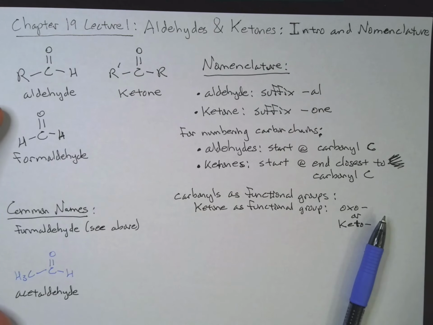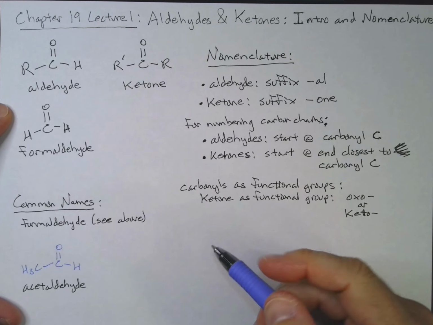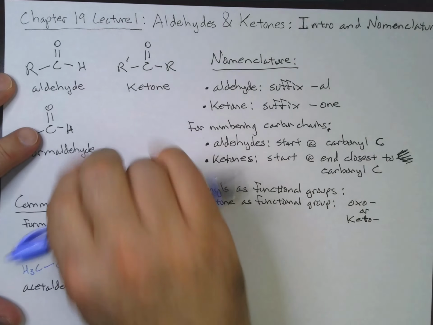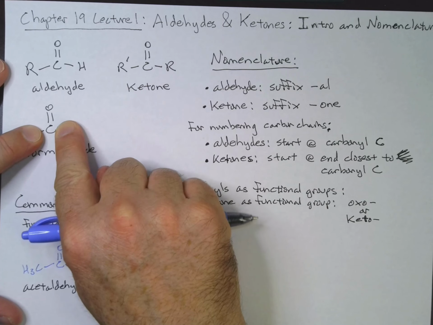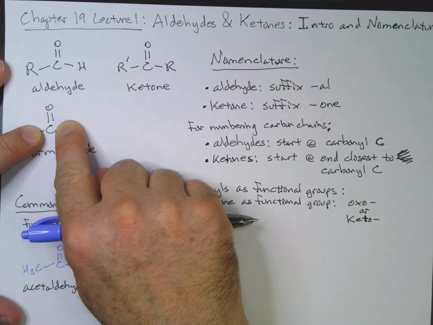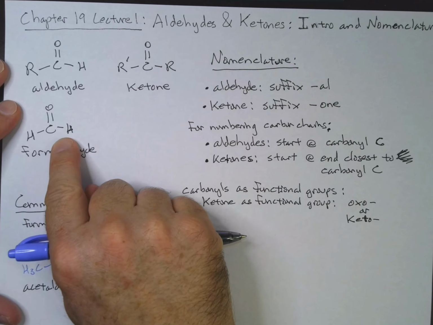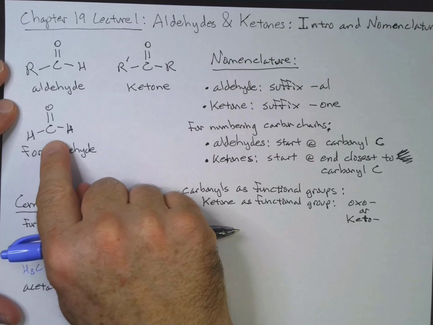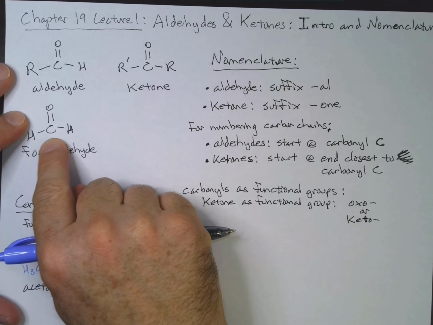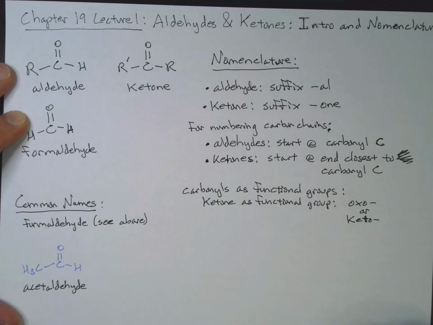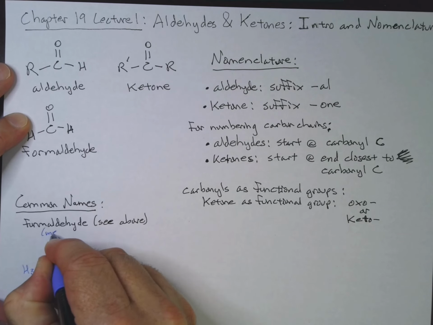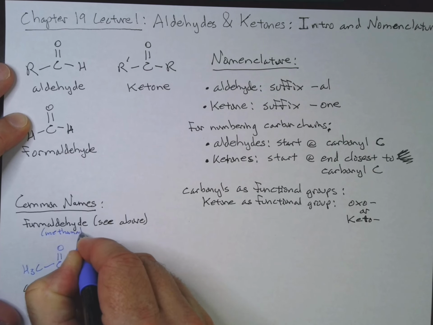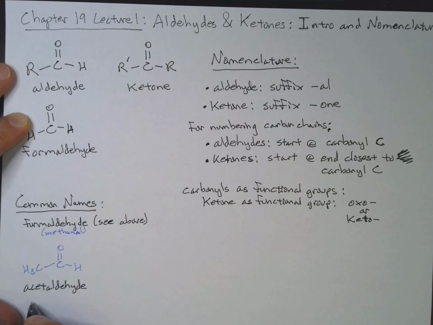If we were going to actually name these using the IUPAC system, formaldehyde is the one carbon aldehyde. So that gets the root meth, and then the suffix -al, or methan for methane. So this is methanal. So formaldehyde would be methanal. Acetaldehyde would be ethanal.